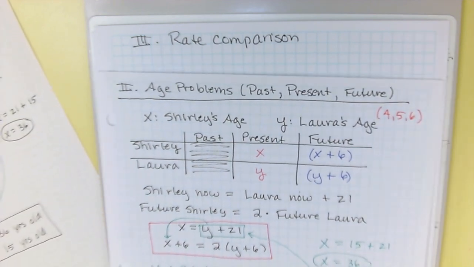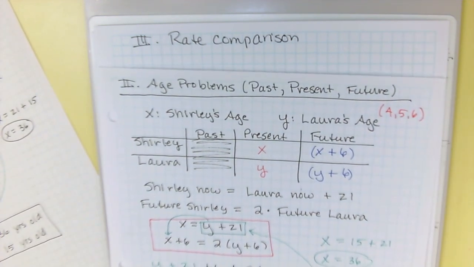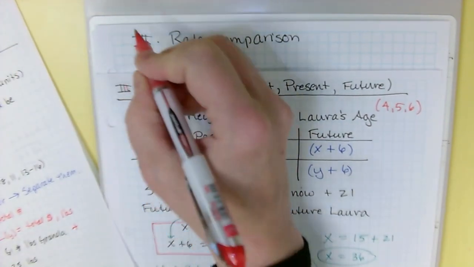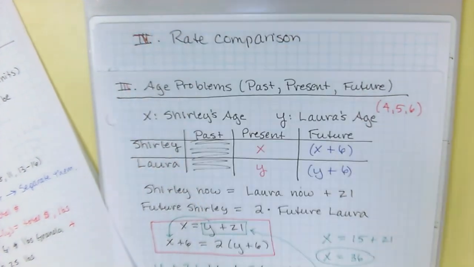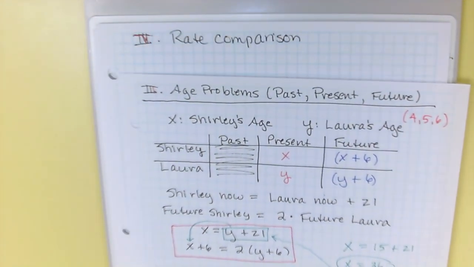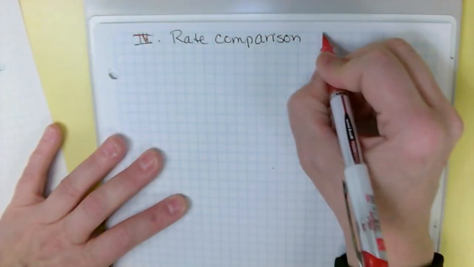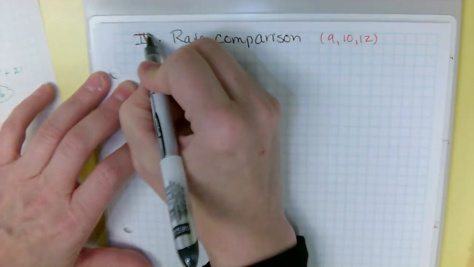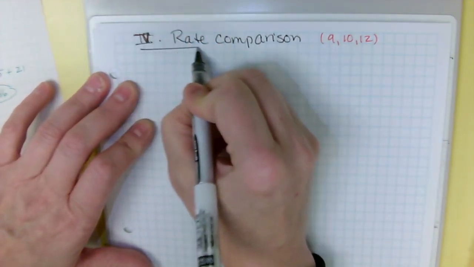Oh, sorry, you're right. That should be 3. That should be 4. All right, rate comparison problems. These are problems 9, 10, and 12 on your homework. And yes, Roman numeral 4.